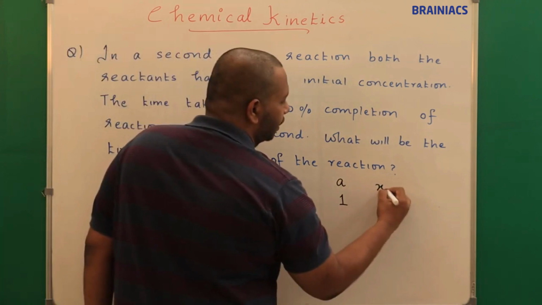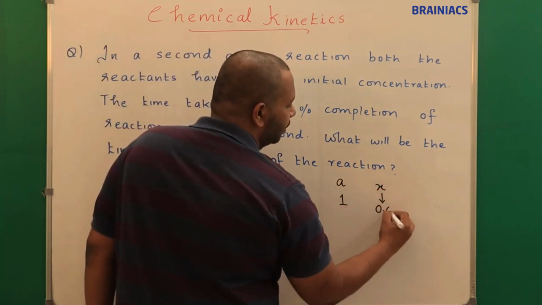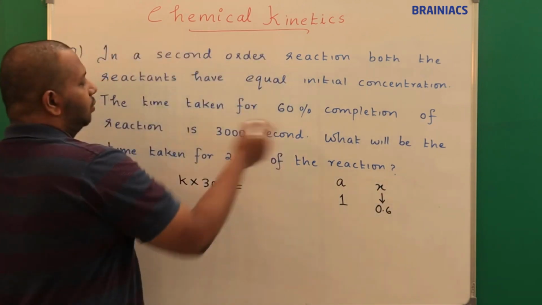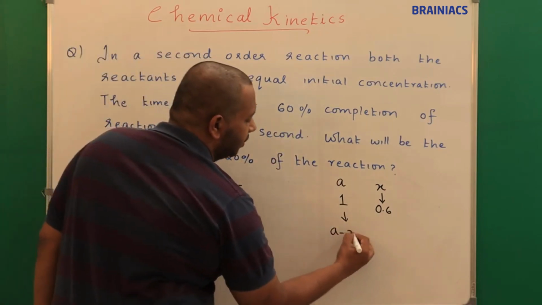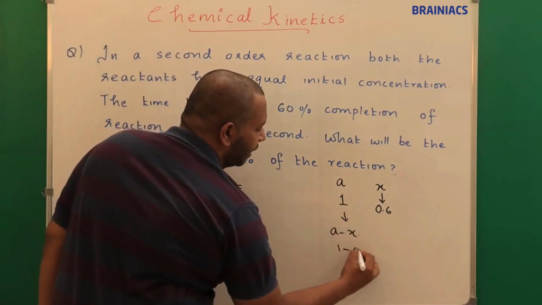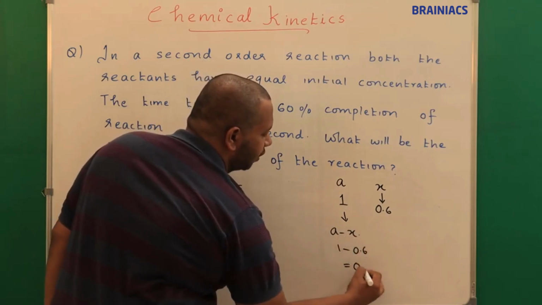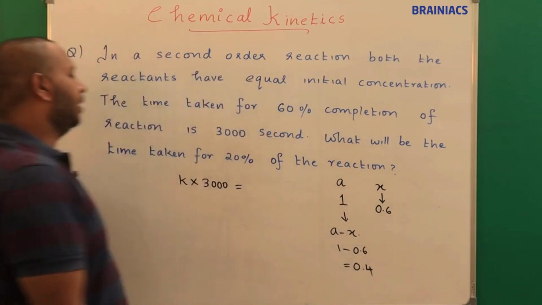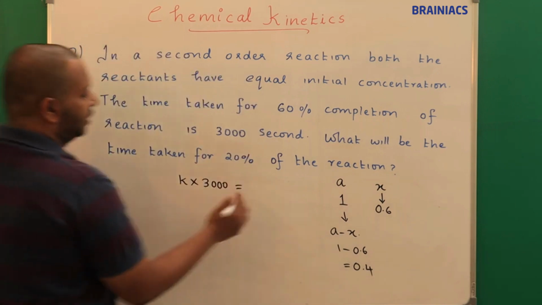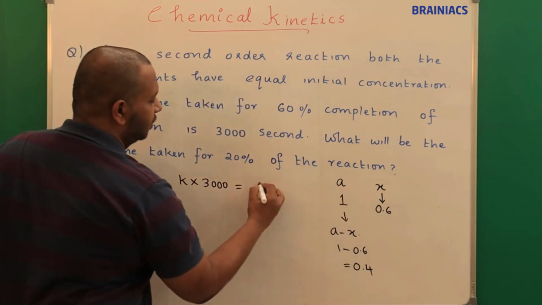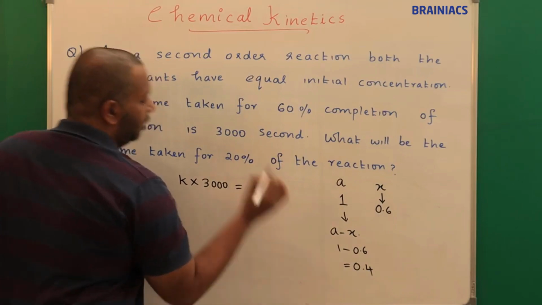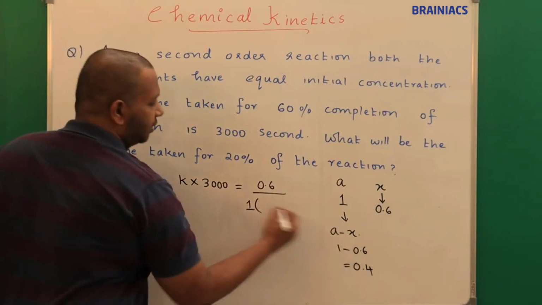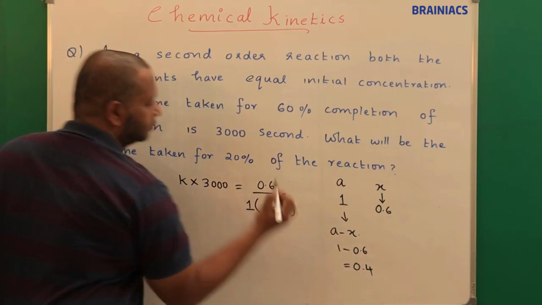So that means the amount of X formed is 0.6. Now 60% is completed, so what is remaining? A minus X will be 1 minus 0.6, that is 0.4 is remaining. So now I apply here X is 0.6 divided by A is 1 into A minus X is 0.4.